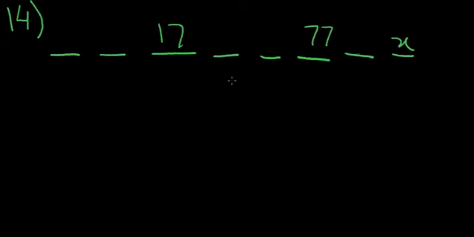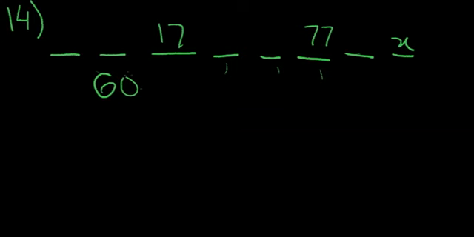So from 17, it takes three spaces to go to 77. So what's the difference between 77 and 17? Well, it's 60. You subtract 17 from 77. So it takes three of these placeholders to go to 77 from 17, and they must equal 60.